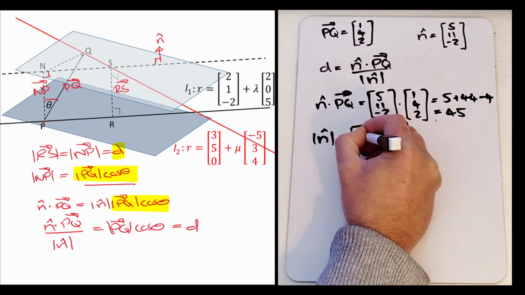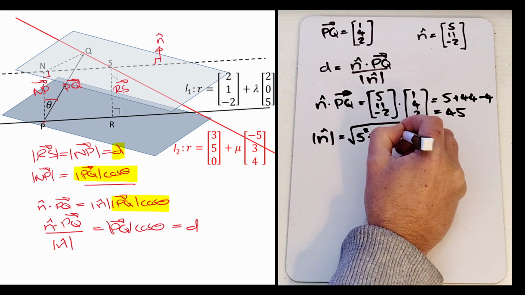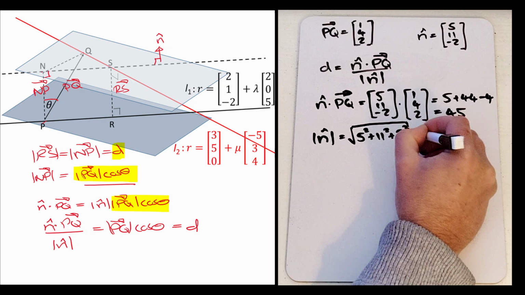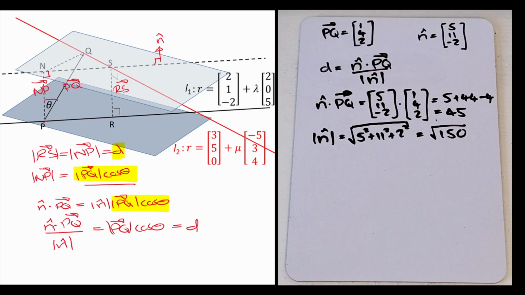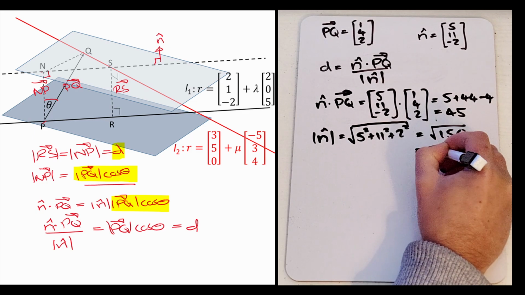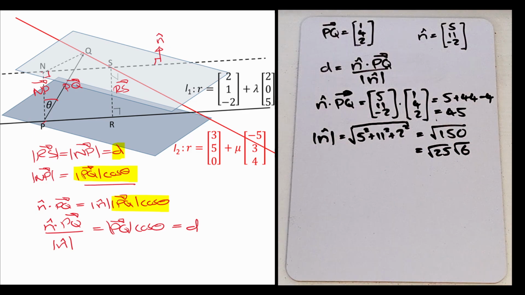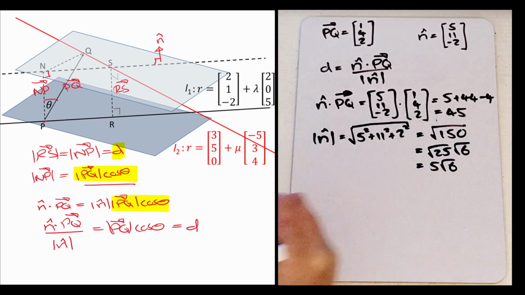So just using 3D Pythagoras, 5 squared plus 11 squared plus -2 squared, or just 2 squared. And that gives us root 150. Now we can simplify that because I know that that's equivalent to root 25 root 6, because 6 lots of 25 is 150, so that becomes 5 root 6.